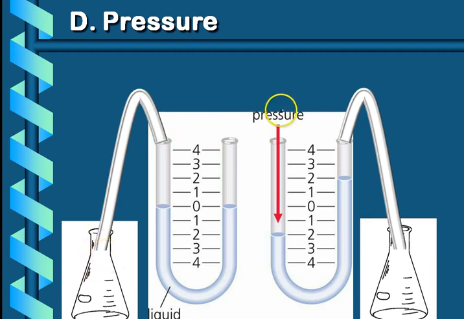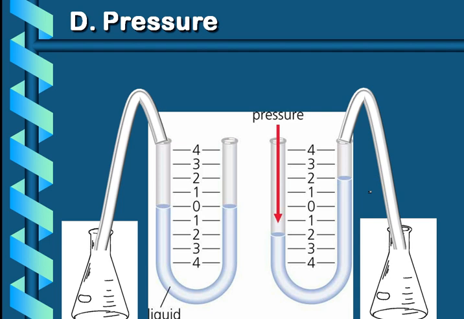So what happens is the pressure is going to be exerted onto that mercury and push down on it if it has a greater pressure, moving all of this mercury up and over, and then exerting pressure towards that gas. So here you're able to see on the right side a greater atmospheric pressure pushing on that mercury than the gas has. So the gas must have a lower pressure than the atmosphere because the mercury is able to move closer to that end of the arm of the closed gas.